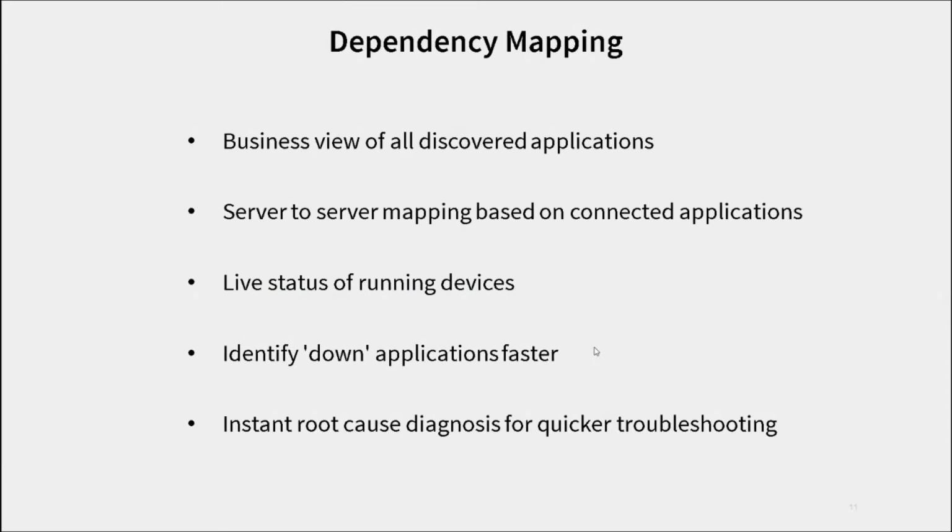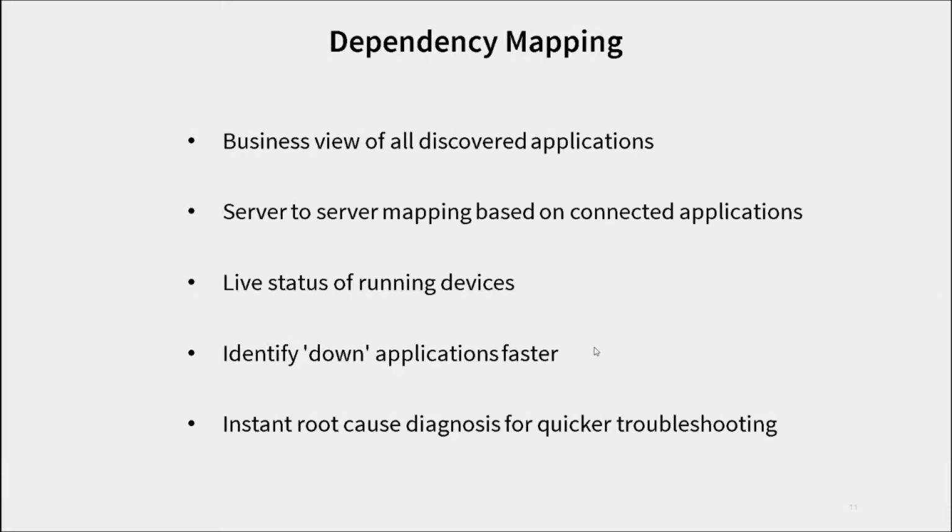The benefits are that it gives the users a holistic view of all the discovered applications with a single mapping that lists out all the devices that are connected to applications, which is server to server mapping. The application status is also listed out, which displays if a specific application is up and running or if it is in a down state.